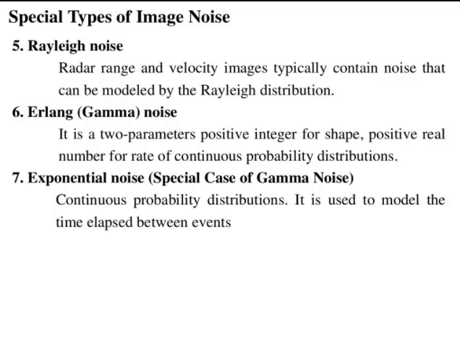It contains noise that can be modeled using the Rayleigh distribution. Then we can formulate two parameters, shape and rate of a continuous probability distribution, using gamma noise. Exponential noise is used to model the time elapsed between two different events.